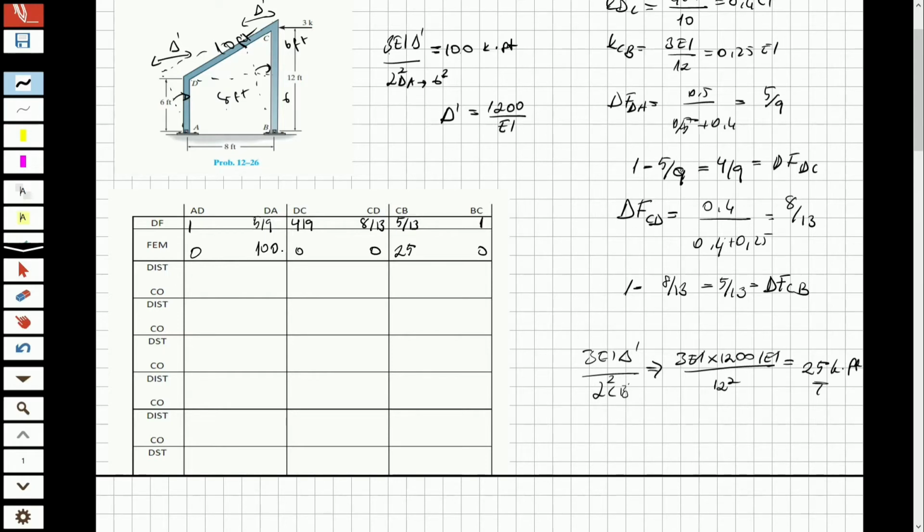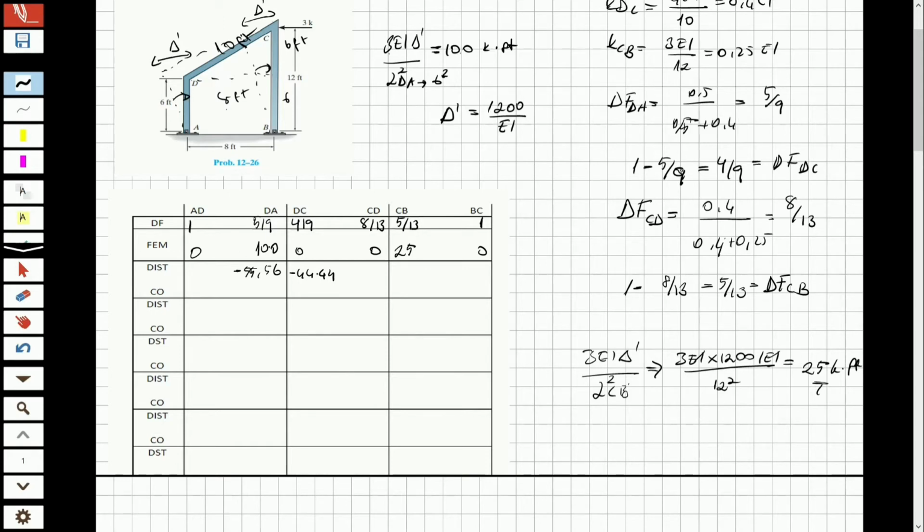And now I'm going to distribute at the rate of the distribution factors. So I'm going to take 100 multiplied by 5 over 9 and take the negative of that. It's going to be minus 55.56, and this is also minus 44.44.